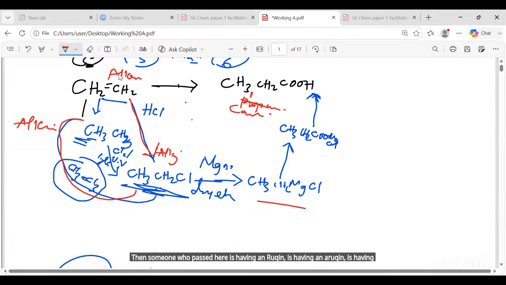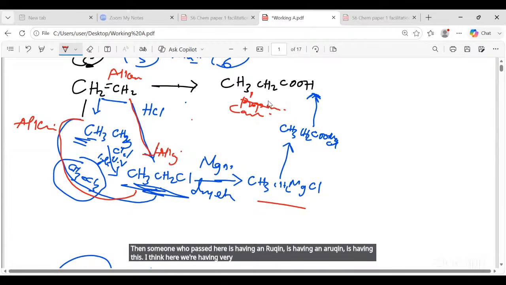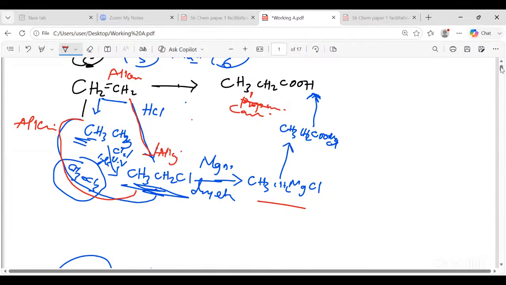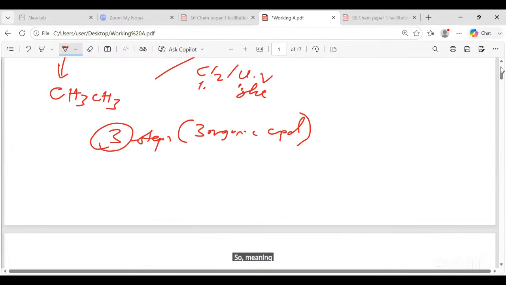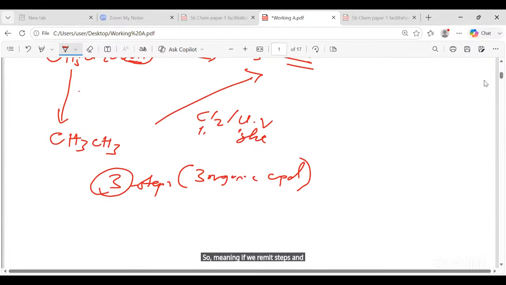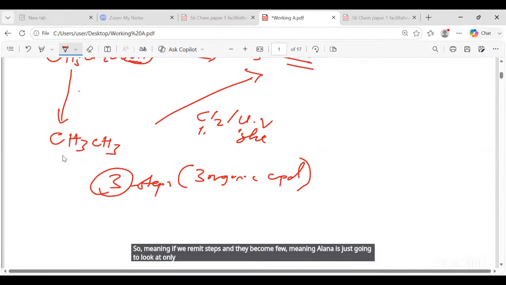I think here we're having very many organic compounds. So if we limit steps and they become few, a learner is just going to look at only one other organic compound. This is just an alkane, and then you go back to where you came from.